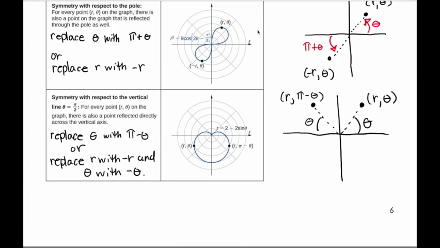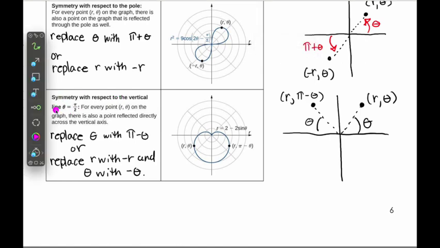Now, ways that we can test for vertical line symmetry of theta equal to pi over 2: we could replace theta with pi minus theta and see if we get the same equation back. Or another way we could test is replace r with negative r and theta with negative theta and see if we get the same equation back.